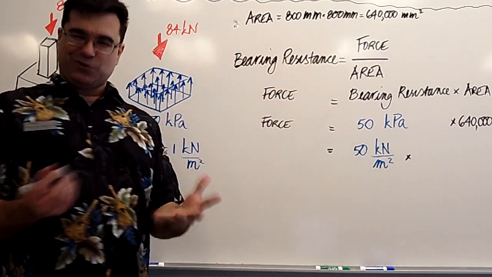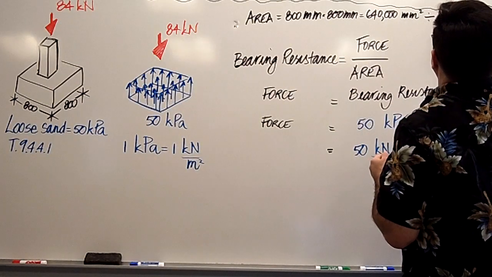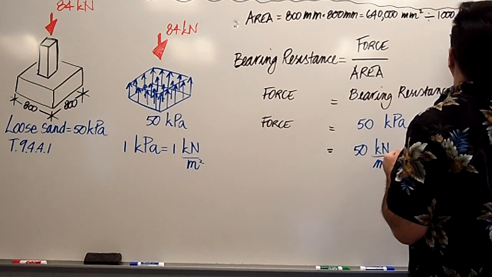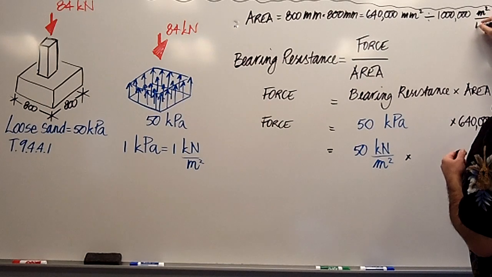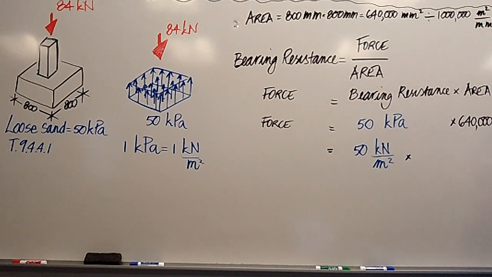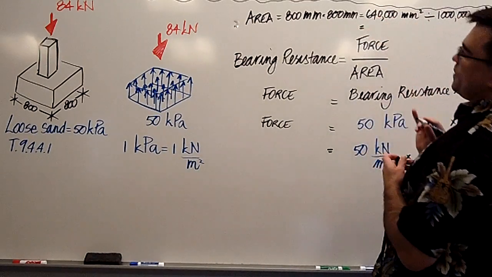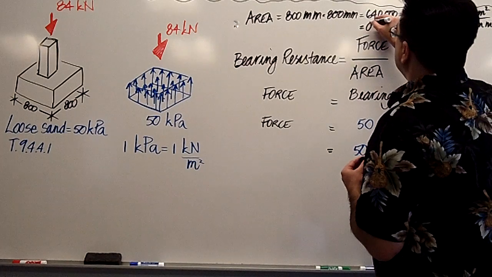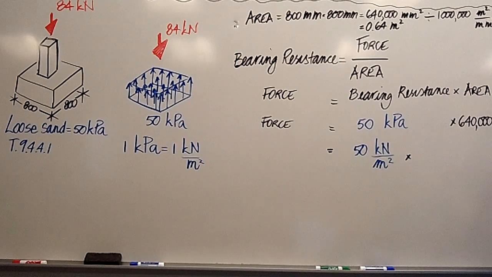I know you know this, so I'll tell you right away. You would have to divide by 1 million, right? 1 million millimeters squared per meter squared, to convert it. So what we get here is that 640,000 millimeters squared is equal to 0.64 meters squared.